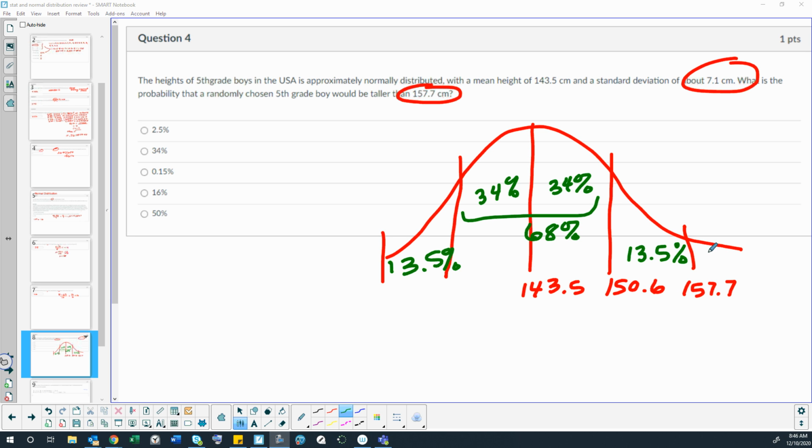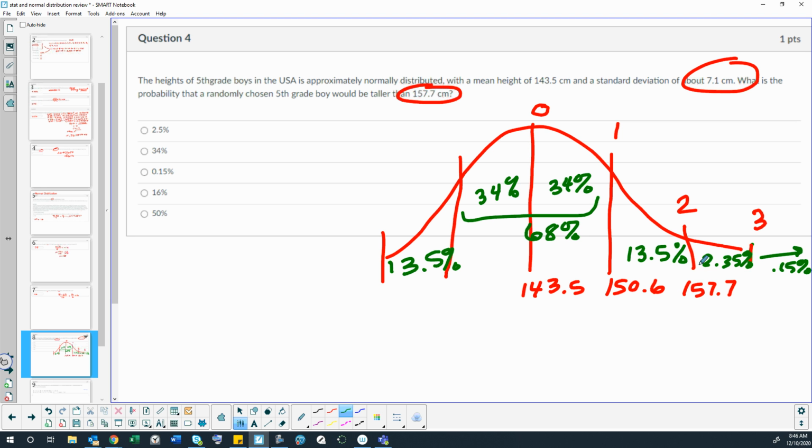And then the rest of this is 2.5. But if we split that up into another standard deviation, so that this is a z-score of 0, and a z-score of 1, and a z-score of 2, and a z-score of 3, then this section here would be 2.35, and then a z-score of 3 and beyond is only 0.15%.